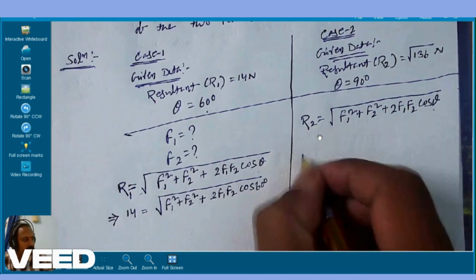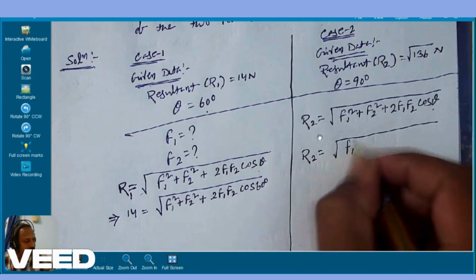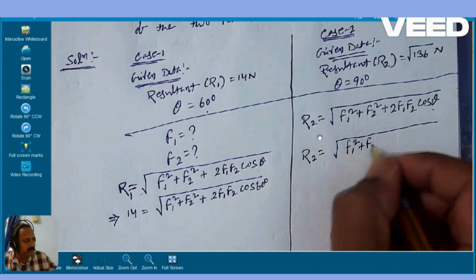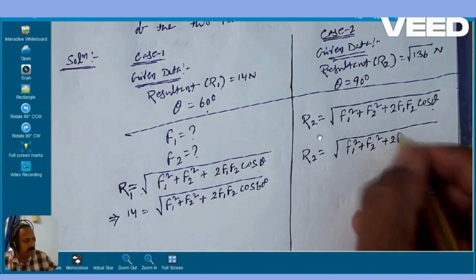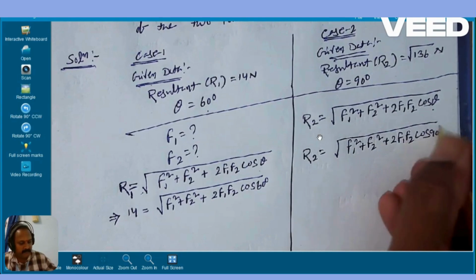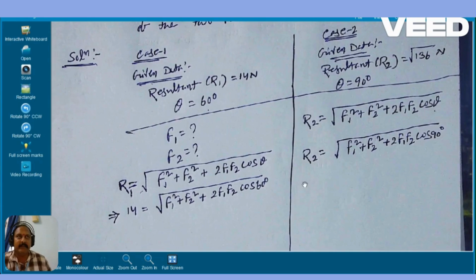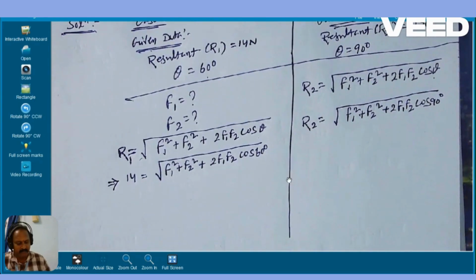Similarly for R2, it is root of F1 square plus F2 square plus 2F1F2 cos 90. You know the value of cos 60 is 1 by 2, and cos 90 is 0.